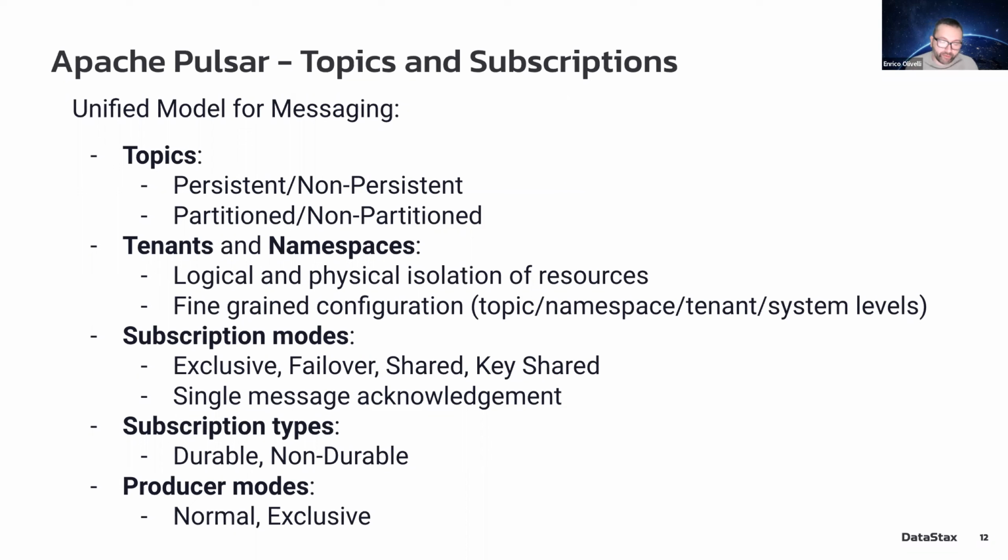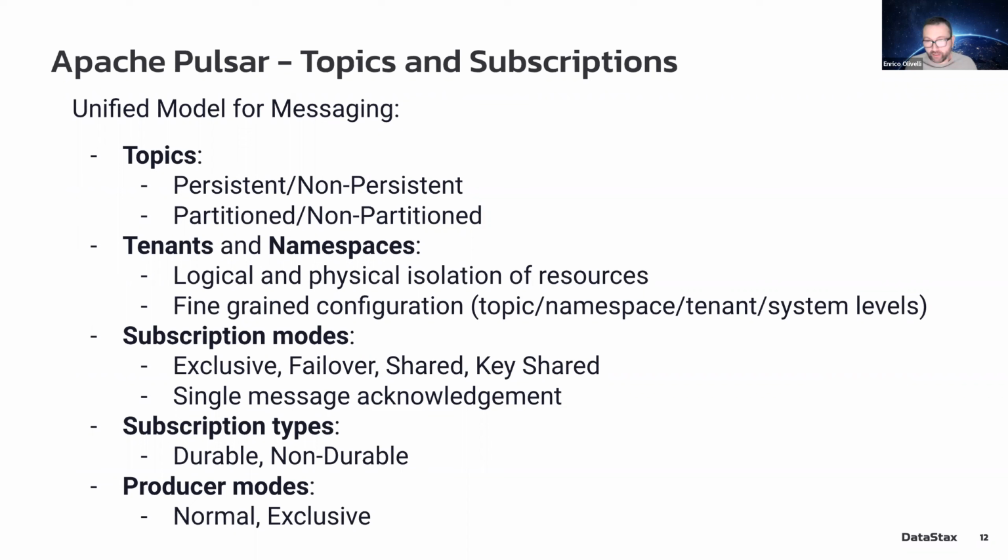And you have very fine-grained control over the configuration at any level, so you can configure things at system level, tenant level, namespace, and topic level. Pulsar was born in Yahoo. It's a big enterprise with many different internal clients and geo-replicated. So this is why Pulsar has this feature from the beginning.